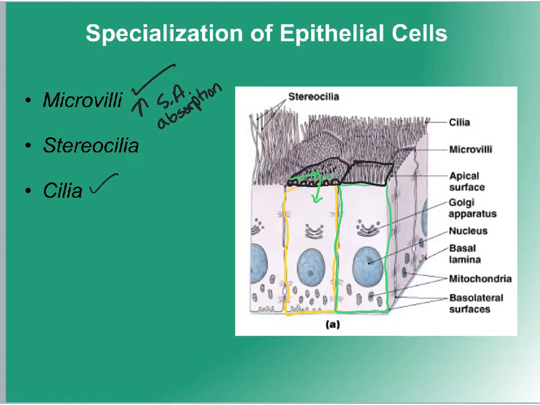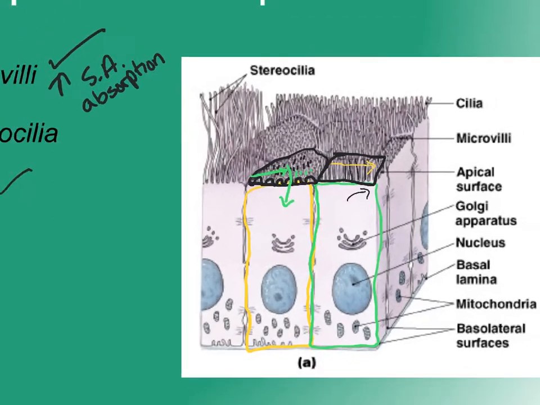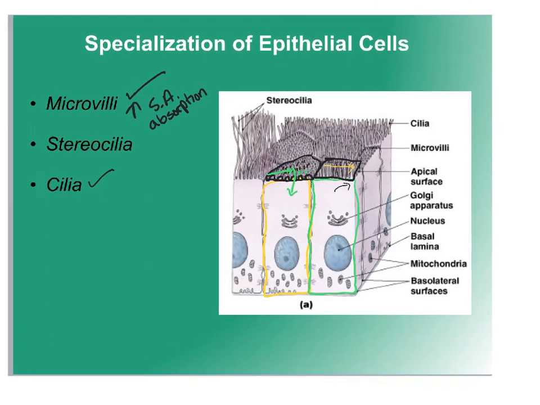What they do is they have the ability to bend all at the same time. So let's just say all of these projections right here are going to bend to the right all at the same time. And the function of those cilia is to move fluids across the cell surface. So it's one way in which we can propel substances from one cell to the next, to the next, to the next, right across the surface.